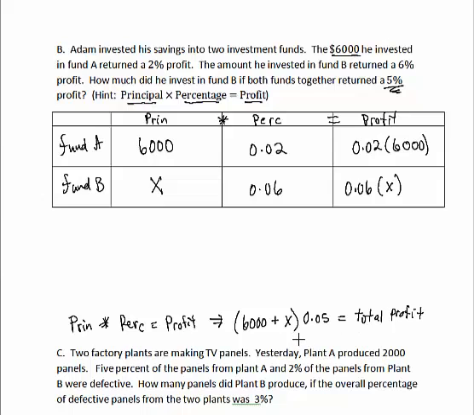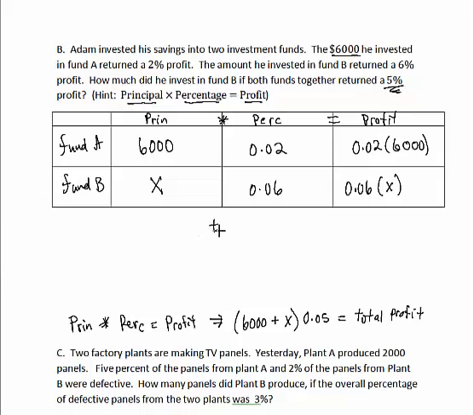So the key to this problem is realizing that there's two different ways to calculate the total profit. We could calculate it this way, or we could have calculated it by adding these two expressions together. So our equation just comes from the fact that we can calculate total profit two different ways.